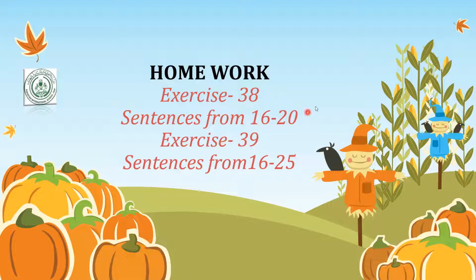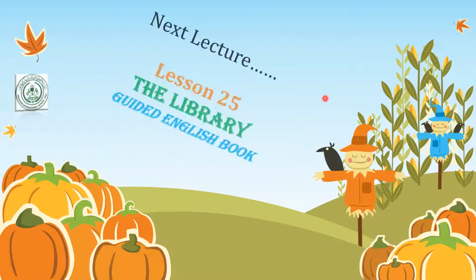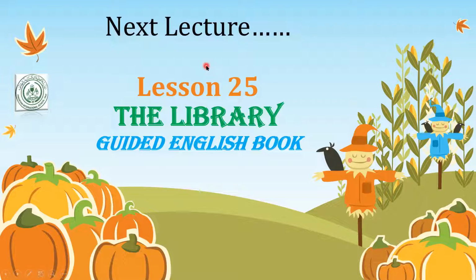And in the second exercise, write each sentence twice, with the full form like is not, and the short form isn't, does not, doesn't, will not, won't, like this. Next lecture, dear students, will be, inshallah, lesson number 25, the library, from the guided English book.